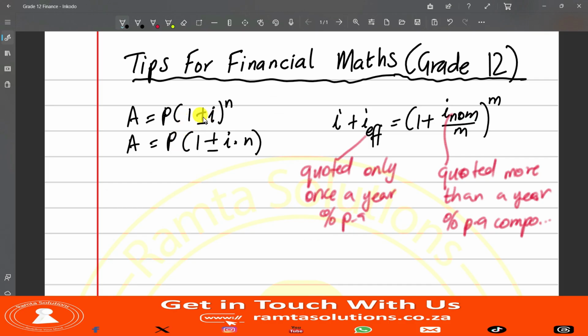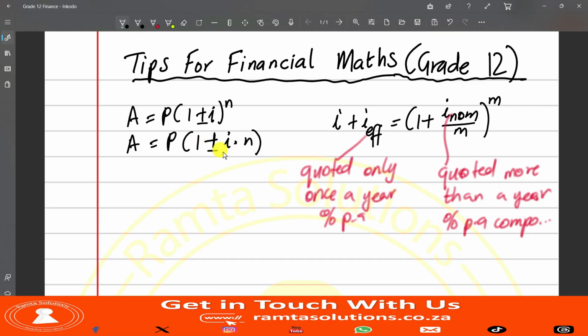When it's a plus, it's an interest. For this one here, when it's a plus, we call it compound interest. When it's a minus, we call it compound depreciation, or more often you will see reducing balance depreciation. With this one here, when it's a plus, you will see it called simple interest.